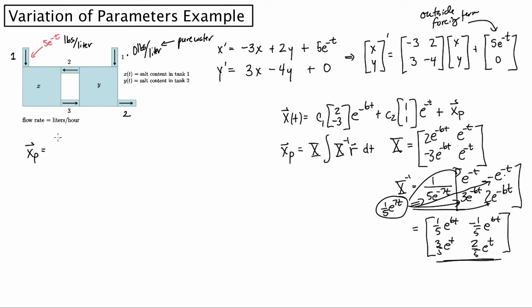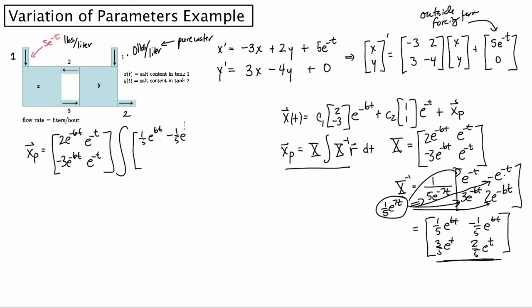So xp is the fundamental matrix, using this formula, times the integral of the inverse matrix, which we just calculated, times the inhomogeneous vector r. Here's the vector r from the problem. It's the part that made it inhomogeneous. Like so.